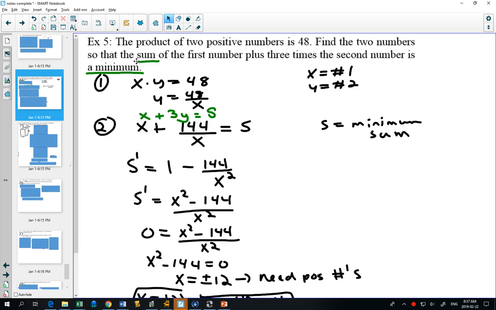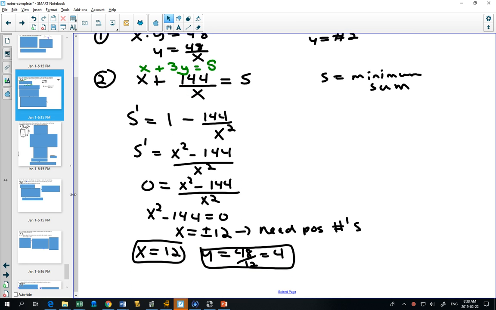And solving for x, you could factor that or move the 144 over. You get plus or minus 12. Of course, the question says the product of two positive numbers, so that means that the only possibility is that x is positive 12. And then you could find y as a result of that by plugging 12 into the equation where we had got y by itself.